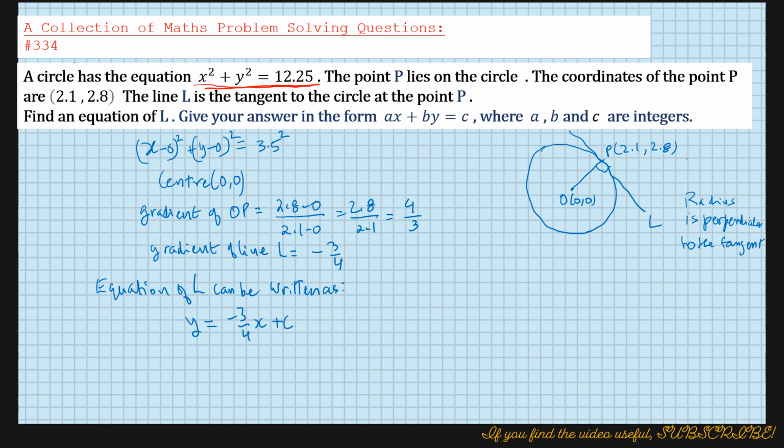Now we know the line L passes through the point (2.1, 2.8), so we can substitute the values of x and y to get c.